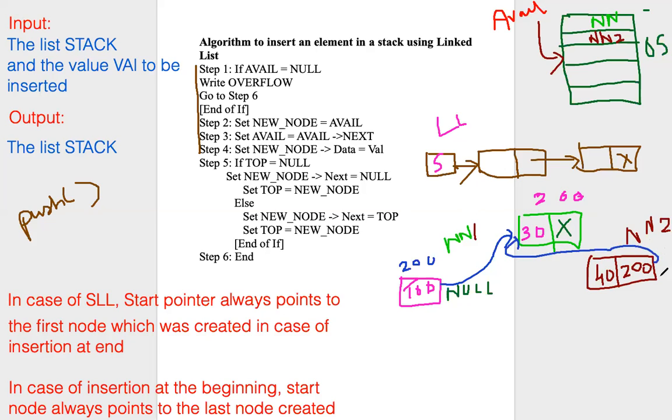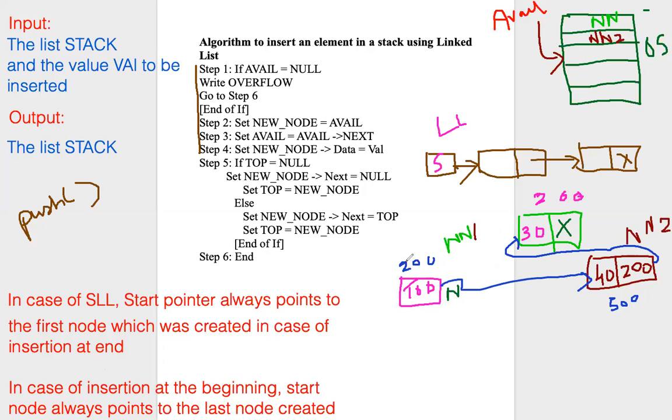Now this is my newly inserted node, maybe with a value 500, that is memory address 500. So I have to simply make top point to this node. So my linking is over.